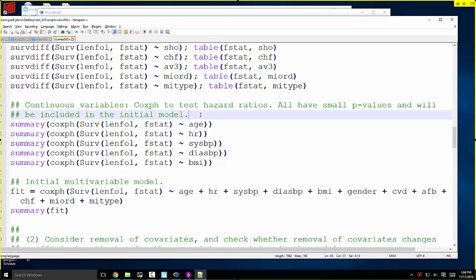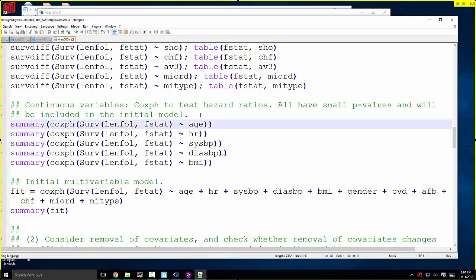In terms of assessing the association between a continuous variable and survival time, again, it's not easy to just draw a scatter plot like it would be with a normal response variable. So I'm going to again use an inferential tool to guide the decision of whether these variables are important.